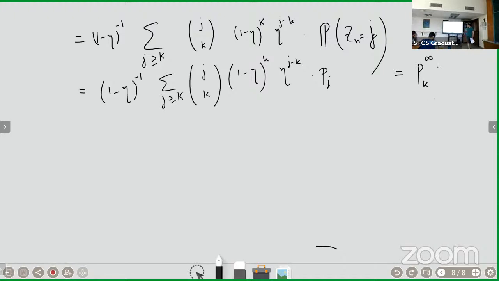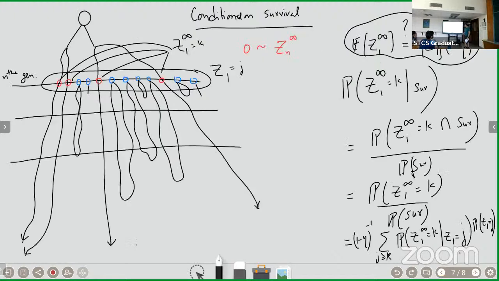So what was the computation we are making? Computing the number of red points in generation 1 given something has survived. Why is it useful? I want to look at the whole process. Do you think it's a useful quantity to compute? Why did I go to the first generation? For example, I want to visit this graph.